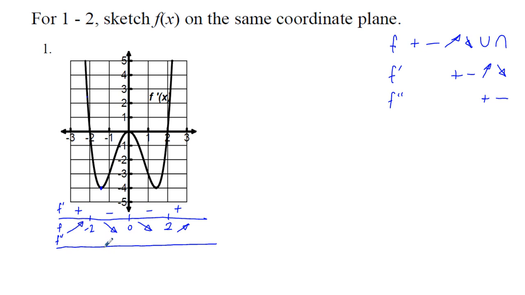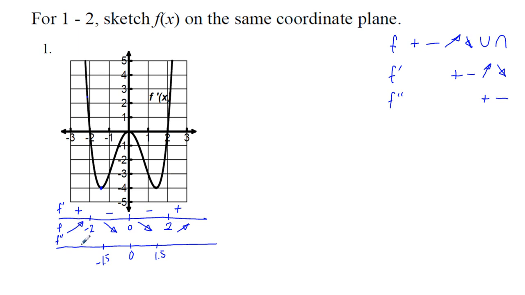Right here, these are points of inflection. So this is going to be at about -1.5, we'll say. Then we have another point of inflection where f prime is changing from increasing to decreasing at 0. And a third point of inflection down here at x approximately 1.5, where f prime is changing from decreasing to increasing.